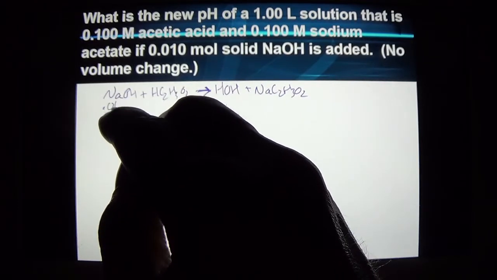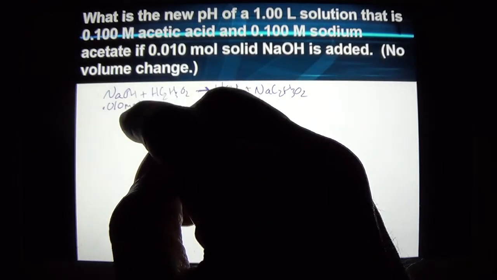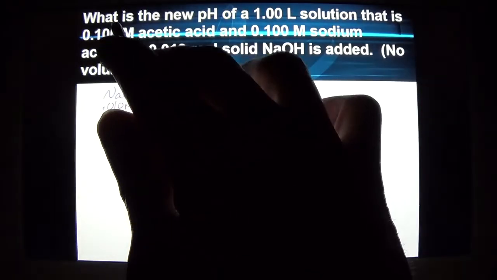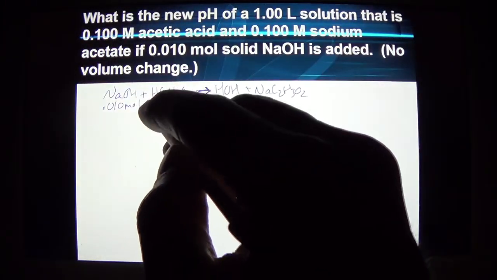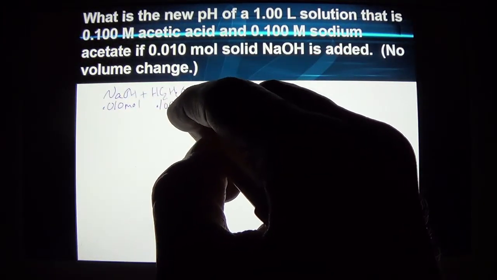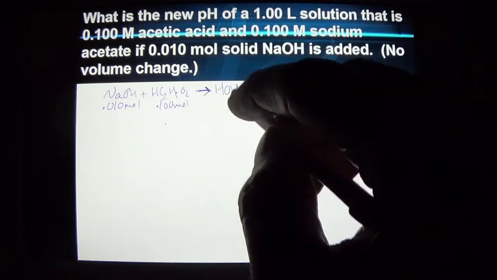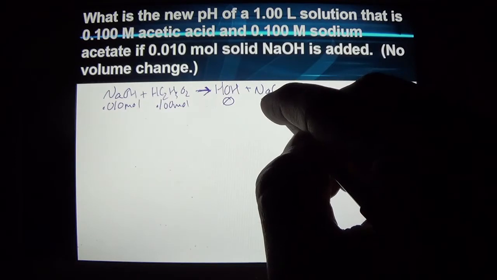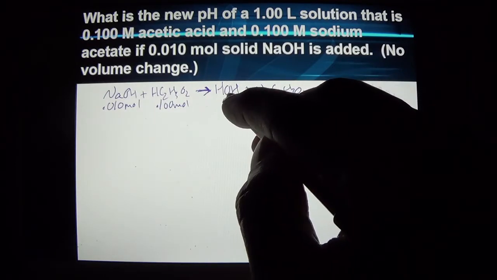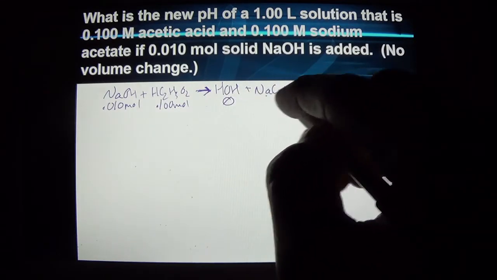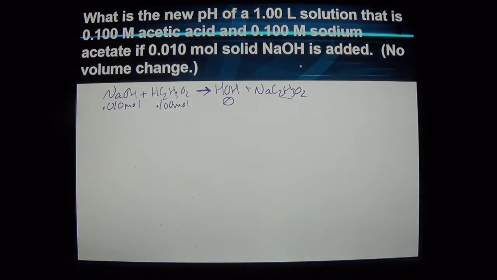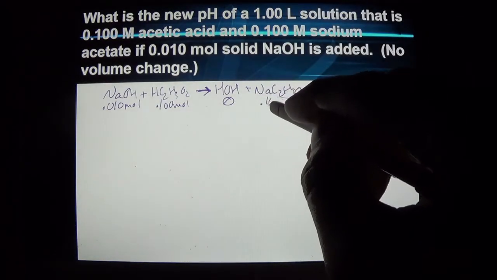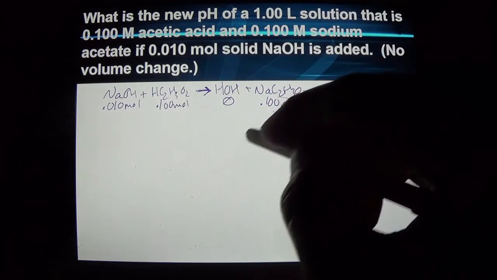I have 0.010 moles of sodium hydroxide, and at 0.1 molarity in 1 liter, I have 0.100 moles of acetic acid. We'll pretend I have no moles of water. We do have some sodium acetate already, 0.100 moles of that as well.